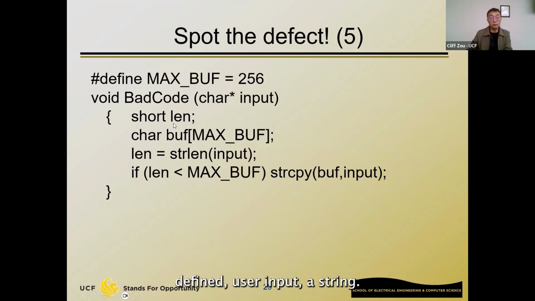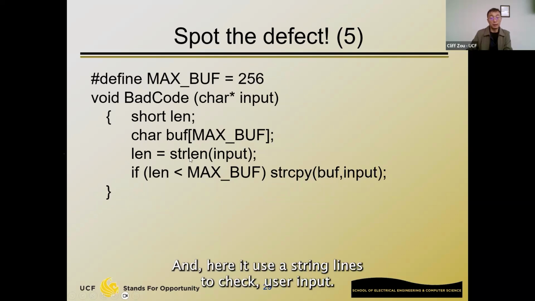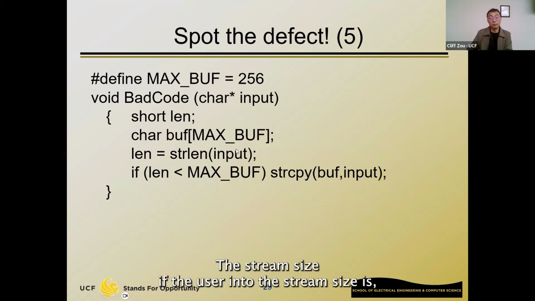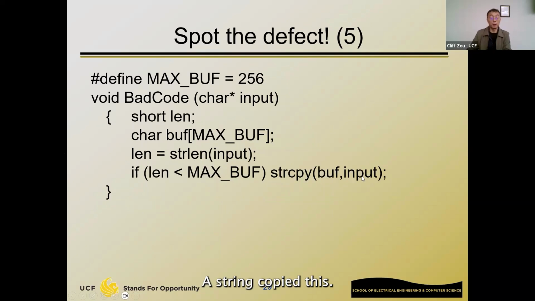This one defines the user input string, and it defines this buffer to be 256 bytes. And here it uses string length to check the user input string size. If the user input string size is smaller than this maximum allowed size, then we will allow this string copy.